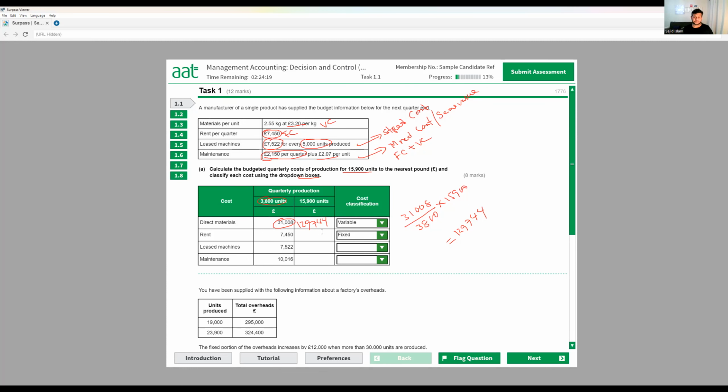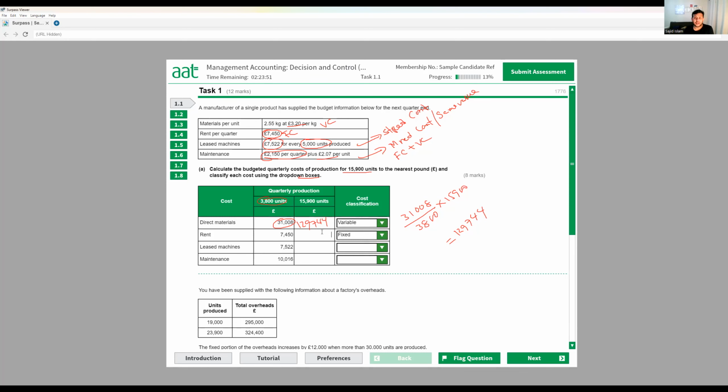Remember one thing, fixed cost is fixed in total, but fixed cost can be reduced per unit. So if I make more units, fixed cost per unit can be reduced. Fixed cost per unit can increase or decrease, but in total it remains the same. For example, if I make 10,000 units and my fixed cost is 10,000, that means per unit the fixed cost is 1.